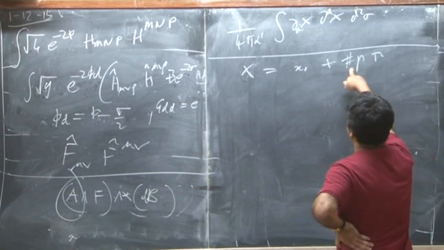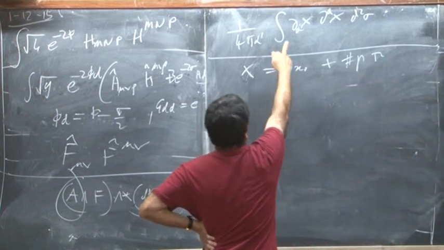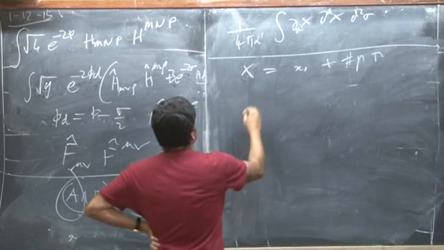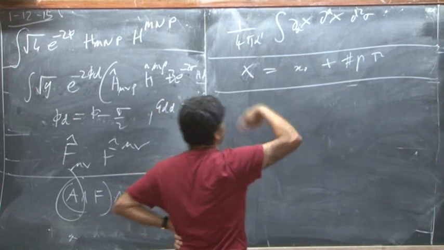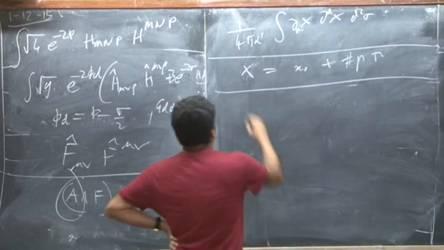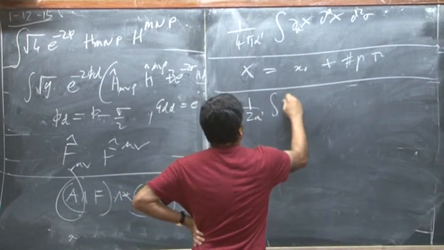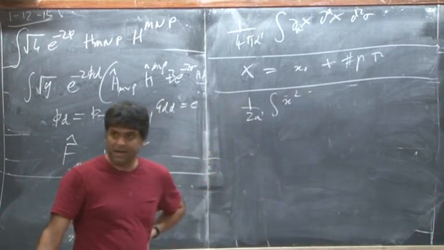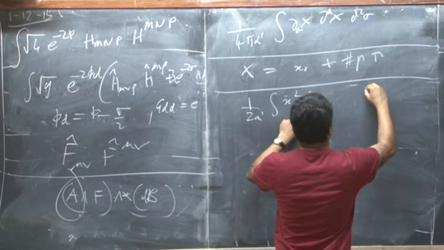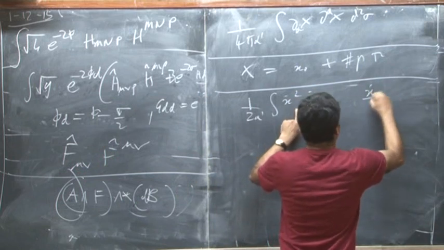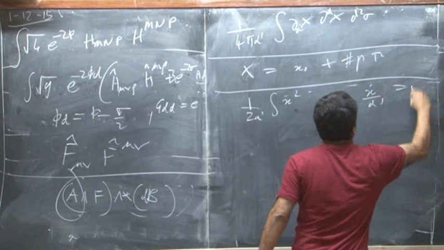This number was fixed by various considerations, but basically by canonical quantization. So let's recall how we fix that number. Moving to the 0 mode, so that we do the integral over sigma, we have 1 over 2 alpha prime x dot squared. So canonical quantization tells us that x dot by alpha prime is equal to p.